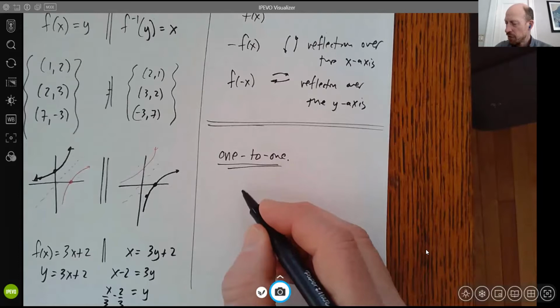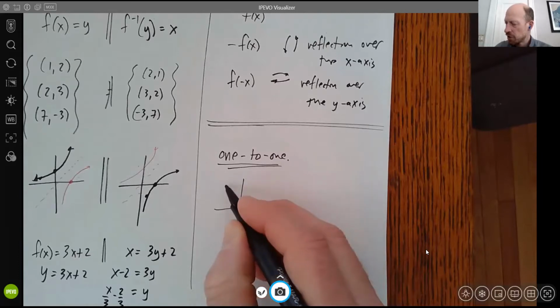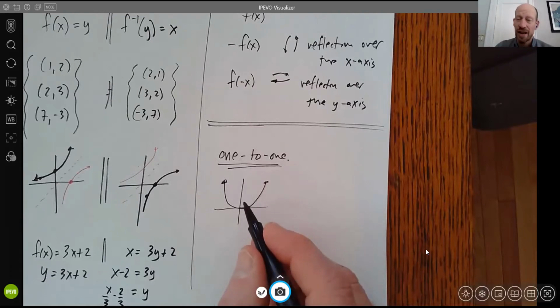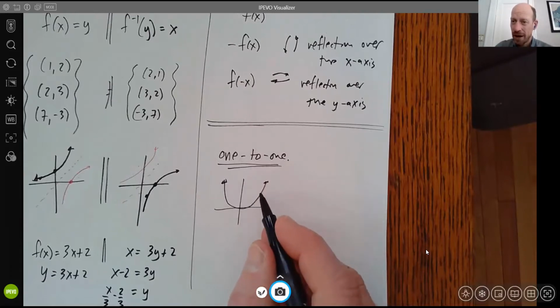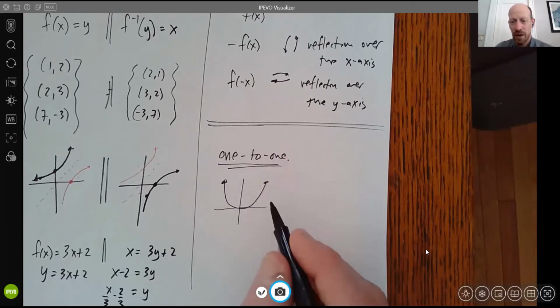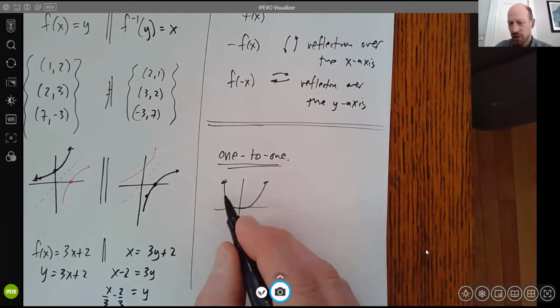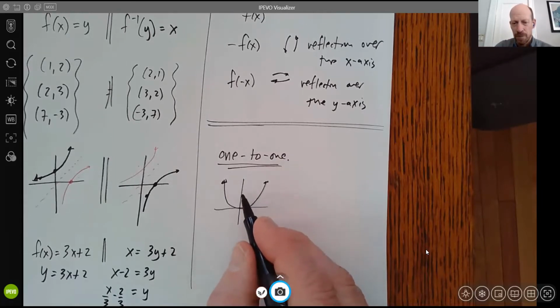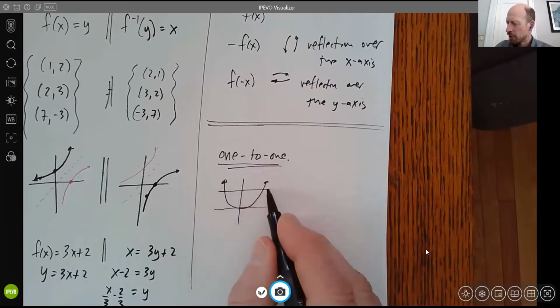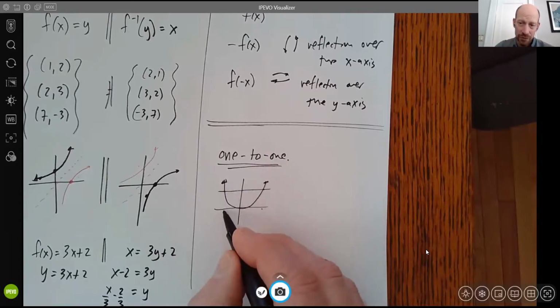And you can see the problem, I think. 1-to-1 means that each x has only a single y, that's a function, but also that each y has a single x. That's what makes it 1-to-1. Here, this is very clearly a function, but it's not 1-to-1, because there's a certain y value that has 2 different x values.